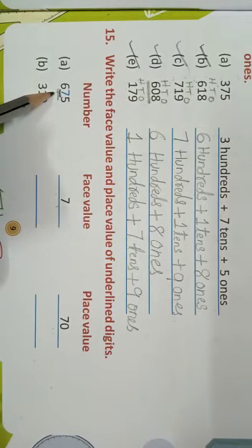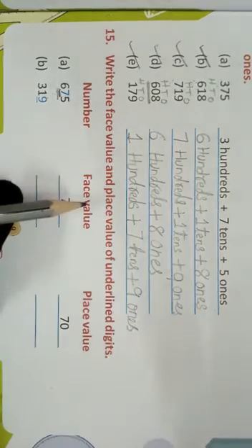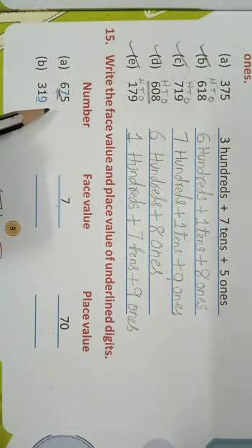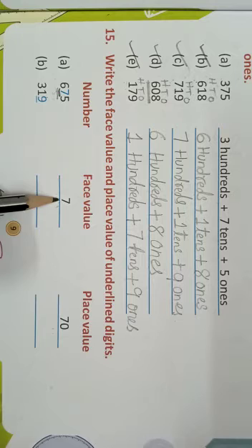Face value of any number can be represented as the value of the digit itself. Look at here, for example, the face value of the underlined digit is 7. In number 675, it is 7 itself.